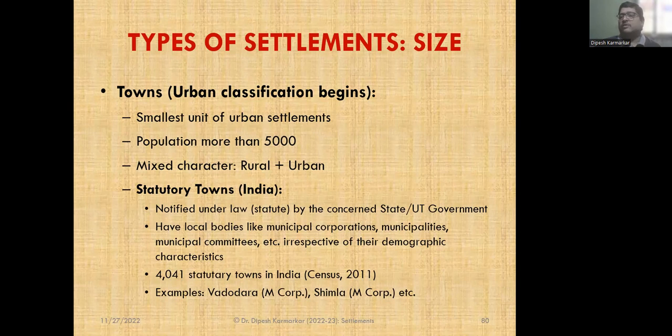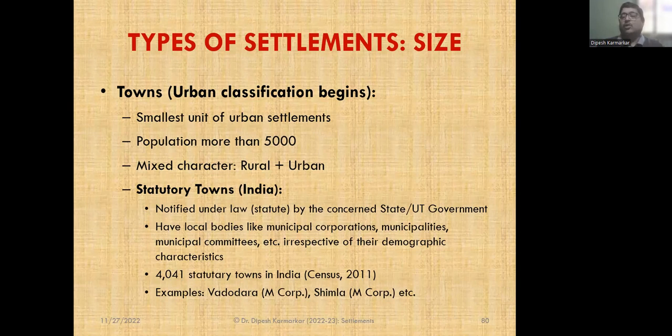Now, towns can also be viewed in different kinds. The first of them is statutory towns. Note that all these classifications I'm talking about are only with regard to India. Statutory towns are the towns notified under statutes, or under law, by the concerned state or union territory government, and of course the central government as well.